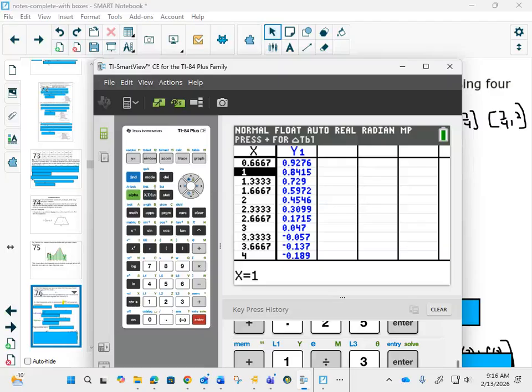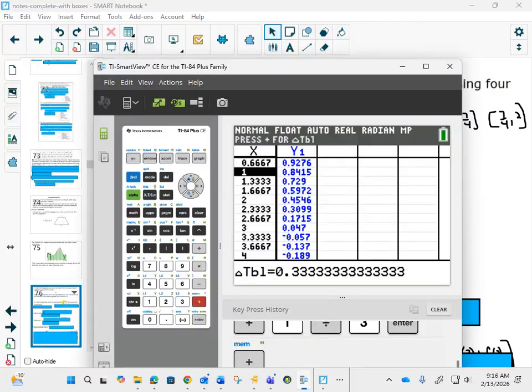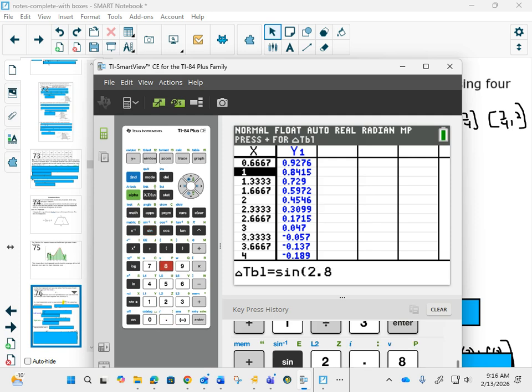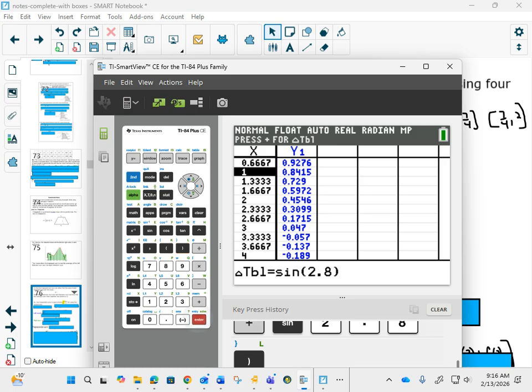What if you want to go up by, I don't know, sine of 2.8 radians. It'll do that. I don't know why we'd want to do that, but maybe we would like Riemann sums with widths of sine of 2.8, just to see if you have calculator skills.